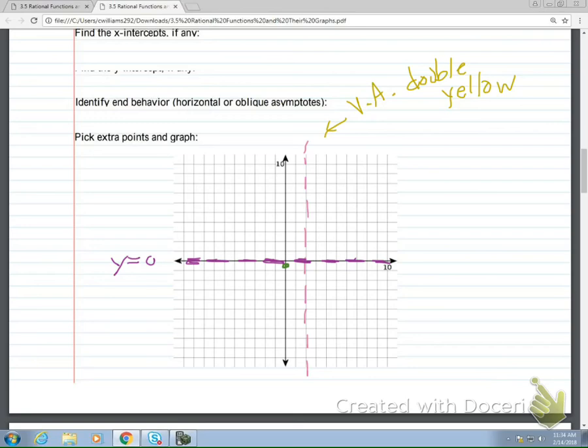So if you're like, you just said you can't cross the VA and you just crossed it. No, I didn't. These are like road markings, okay? My actual graph that I'm about to draw for you itself will never cross the VA. So you're probably wondering, well, what about HA? What does that do? You guys, the HA is like the dashed white lines on the road.